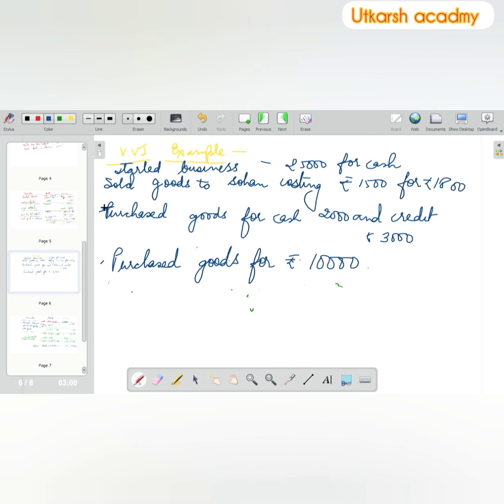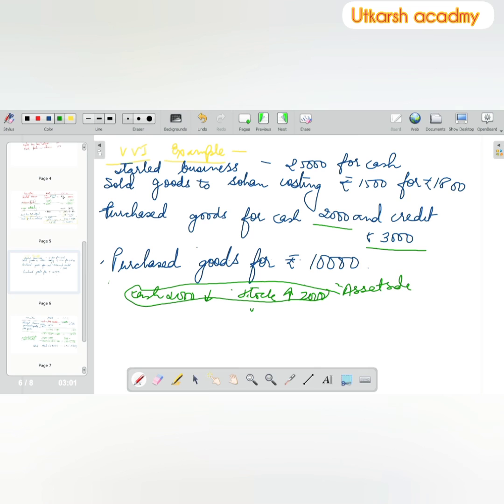A part is paid in cash and a part is paid in credit. So what will be the effect? See, the first part, the cash 2,000 will decrease, fine, and stock will increase by 2,000. These both will happen on the asset side.